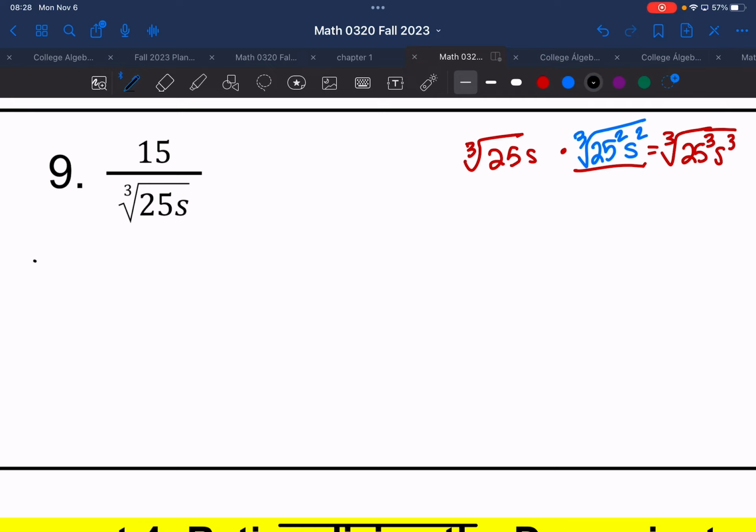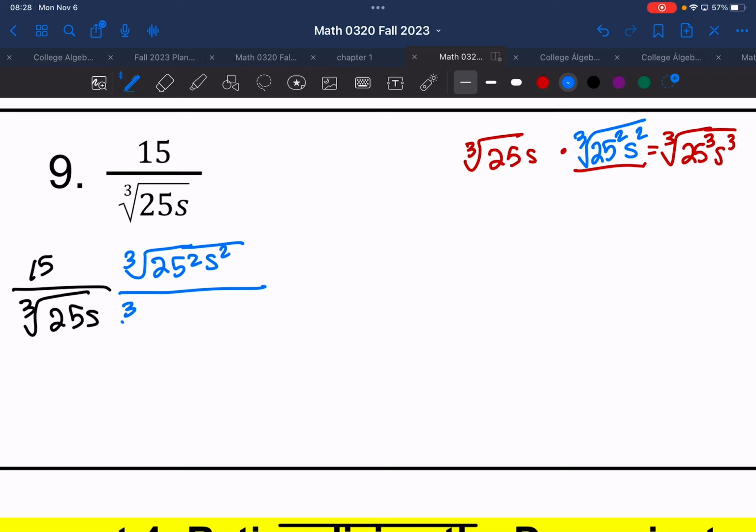Okay, so I have 15 over the cube root of 25s times the cube root of 25 squared s squared over the cube root of 25 squared s squared. Right away, we know that the bottom is going to be what? 25s.